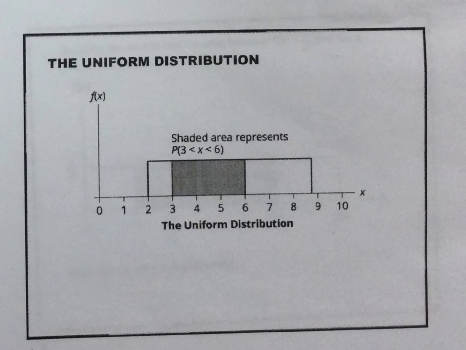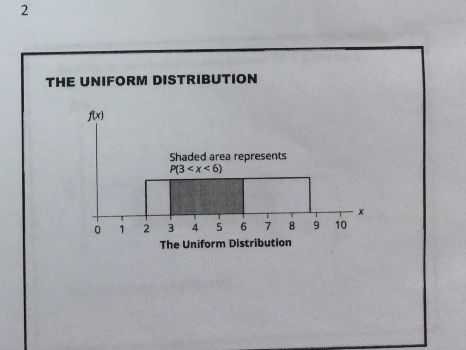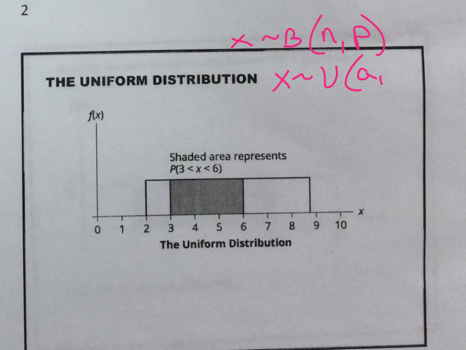The uniform distribution. So before we did the binomial, so if x is a binomial, and remember binomial is simply yes or no, there's only two choices. The binomial we did like this. Now we are going to do uniform distribution, and we're going to use A and B, and you'll see where the A and B come from here in a minute.